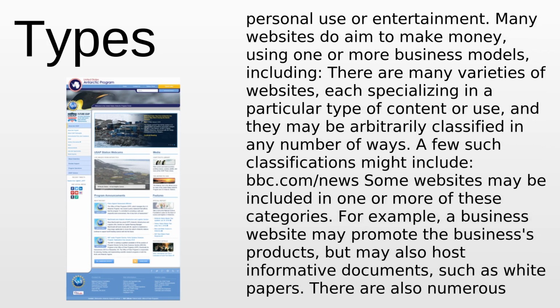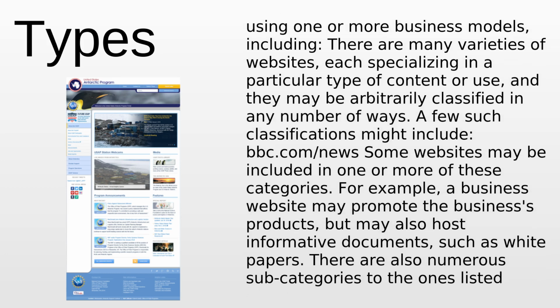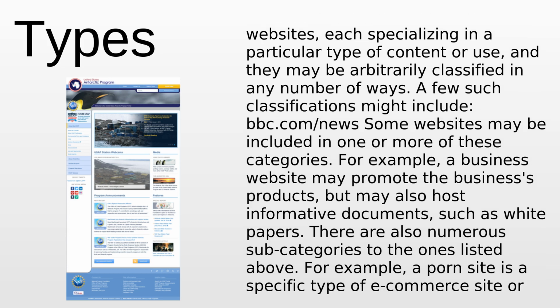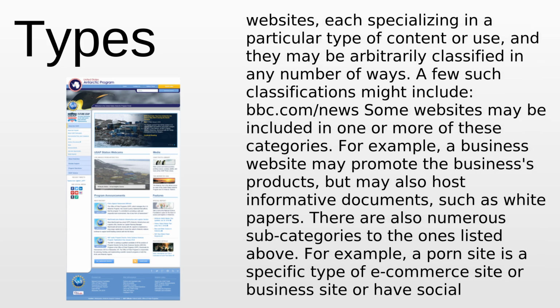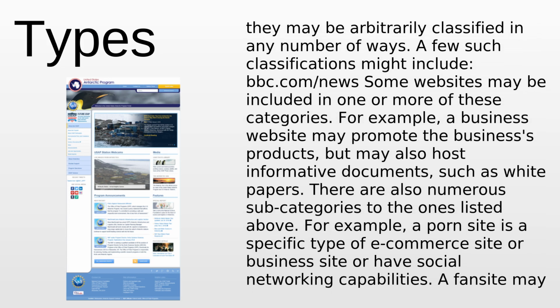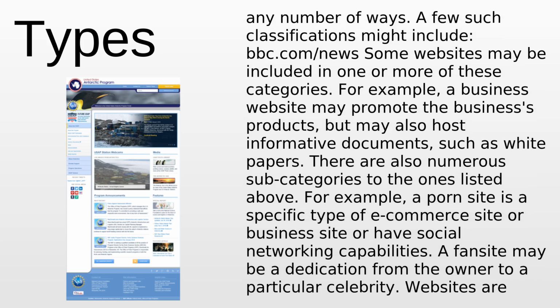There are many varieties of websites, each specializing in a particular type of content or use, and they may be arbitrarily classified in any number of ways. A few such classifications might include bbc.com/news. Some websites may be included in one or more of these categories.